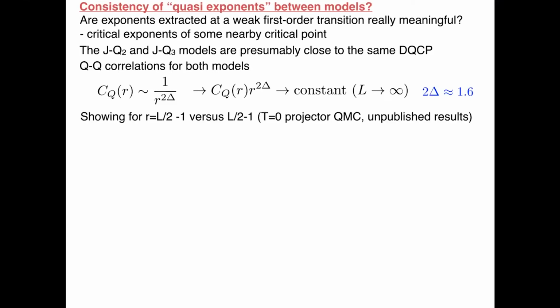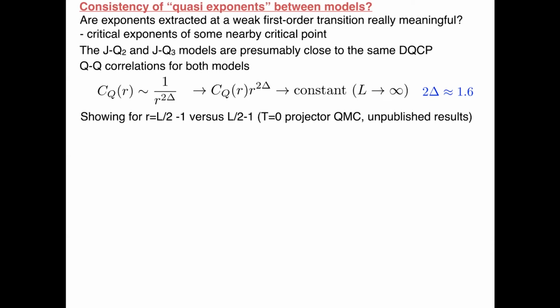Now, what I will actually show is a completely different set of calculations, for some reason that I don't want to get into. The previous set of calculations were at finite temperature, where the inverse temperature is proportional to the system size. That would be okay for a critical point with dynamic exponent 1, which we expect.